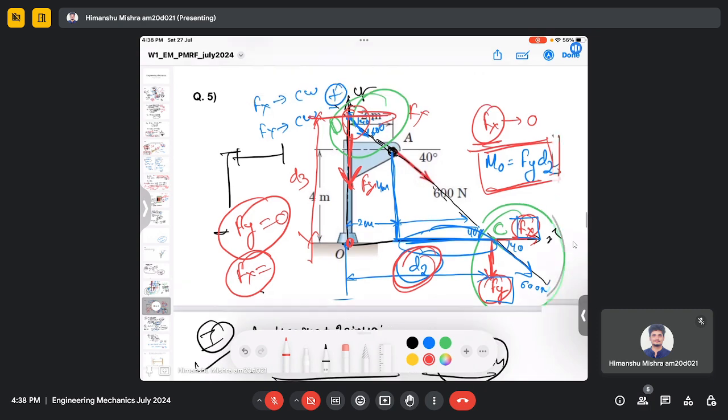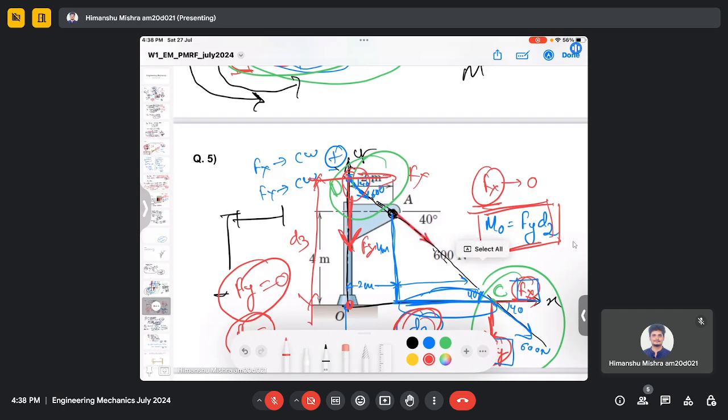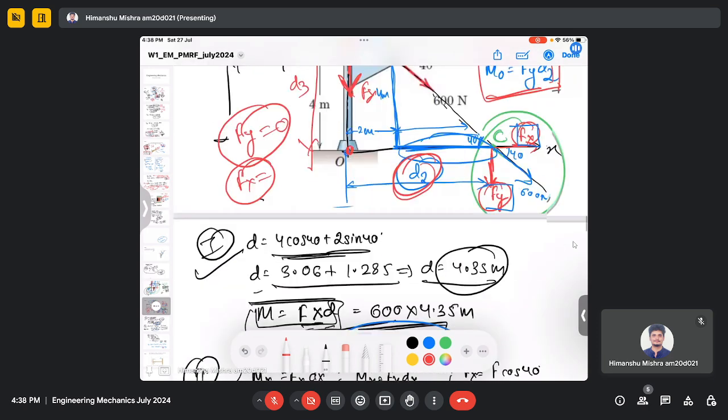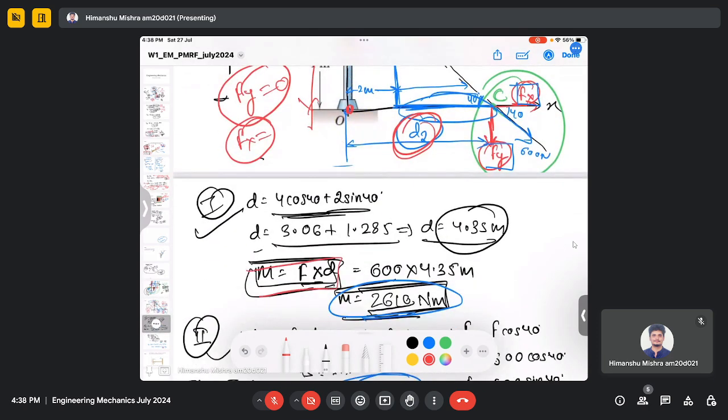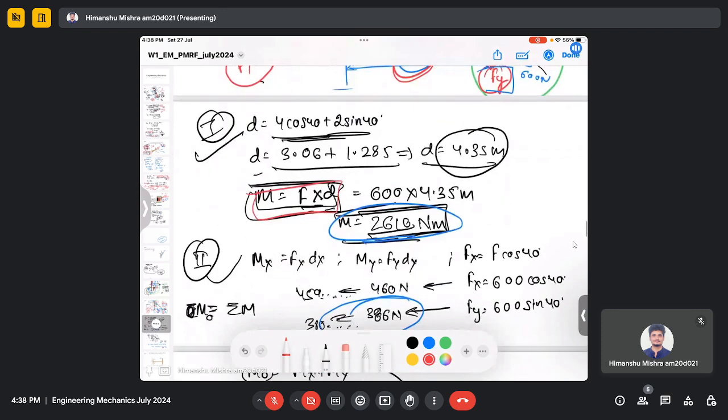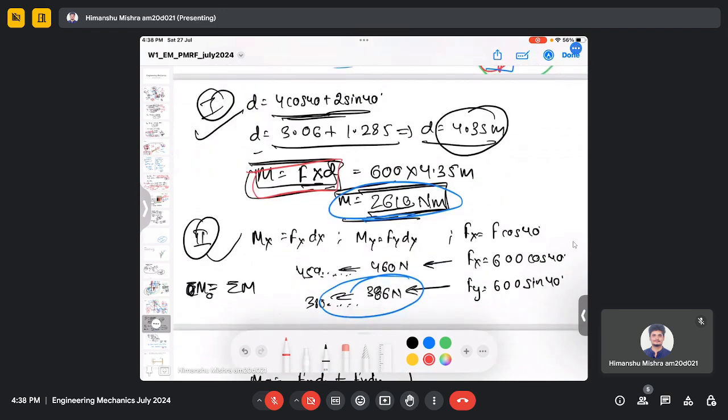So in this question, in order to calculate the moment, we use 3 different concepts. First, we directly define the perpendicular distance and use the formula F multiplied by D to calculate the moment. Then we defined the components of force in the x and y directions, because it's very easy to define the perpendicular distance of the components Fy and Fx, as it will be either a vertical or horizontal line, which is very easy to calculate.